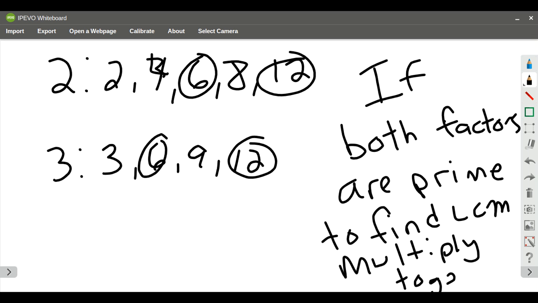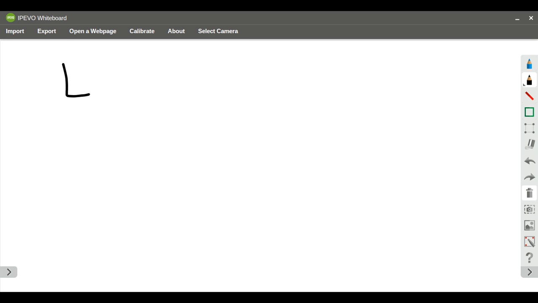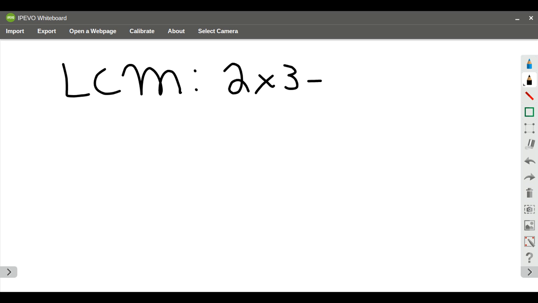I only do this when both numbers are prime. I don't need to find the prime factorization. So because 2 and 3 were both prime, the least common multiple, or the LCM, is going to be 2 times 3, which is going to be 6. So 6 is my LCM.